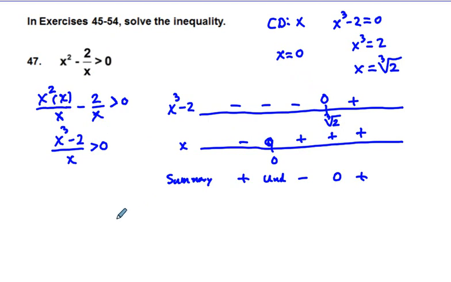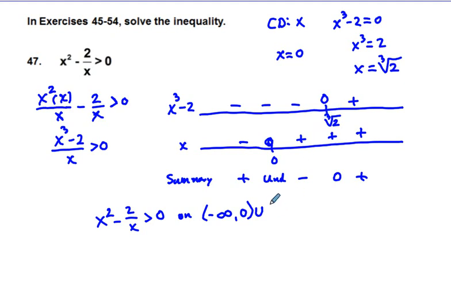So we can make our summary statement here. X squared minus 2 over x is greater than 0 on the interval of negative infinity to 0, and not including 0 because we're undefined.